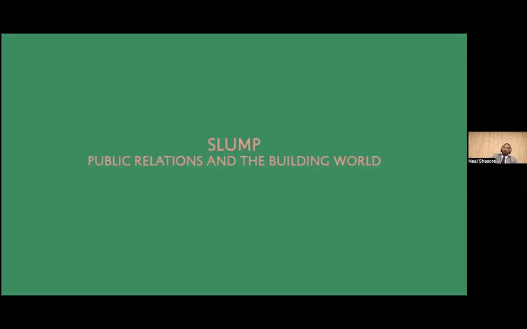The second chapter is called Slump, Public Relations and the Building World. And the reason I use this word slump is because, of course, one of the great clichés of the 20s and 30s is that they were characterized by the Great Slump or the Great Depression, of mass unemployment. And that's a really enduring image, isn't it, of the 1920s and 30s. And it's one that's often evoked in writing about this period in relation to architecture.